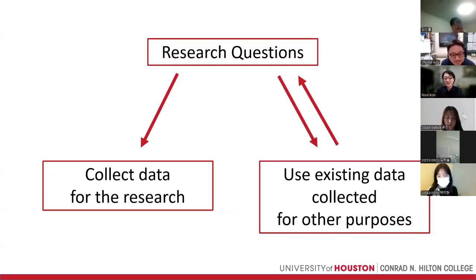Also, I work on financial data a lot, which I'm going to share with you soon. But those data are collected for the investing public, not for my research purposes. I use those data.